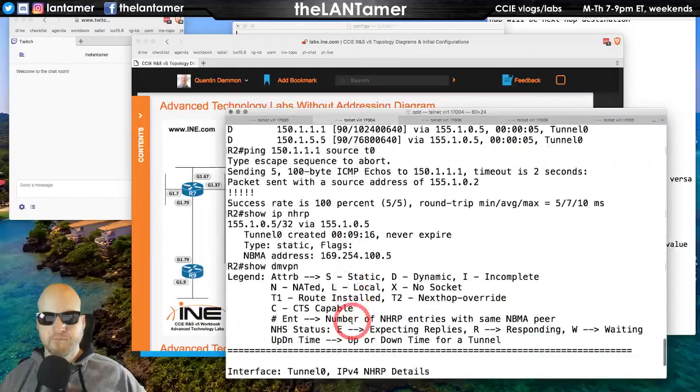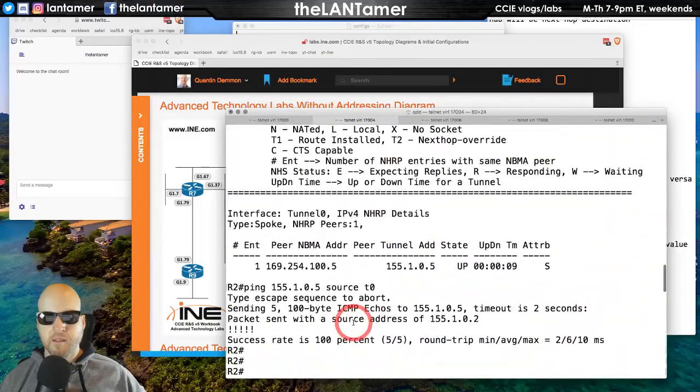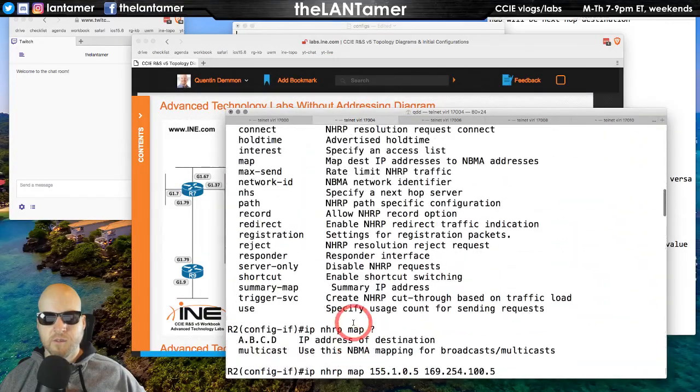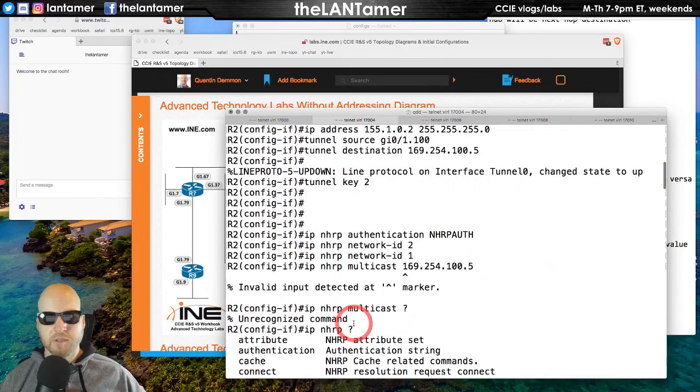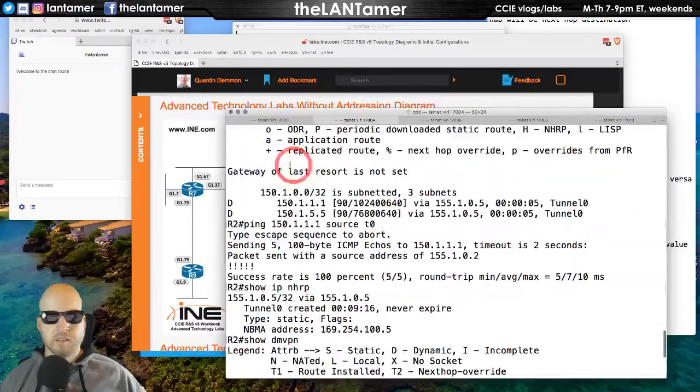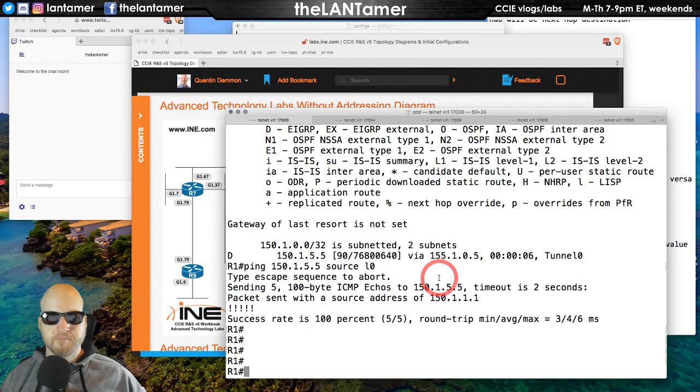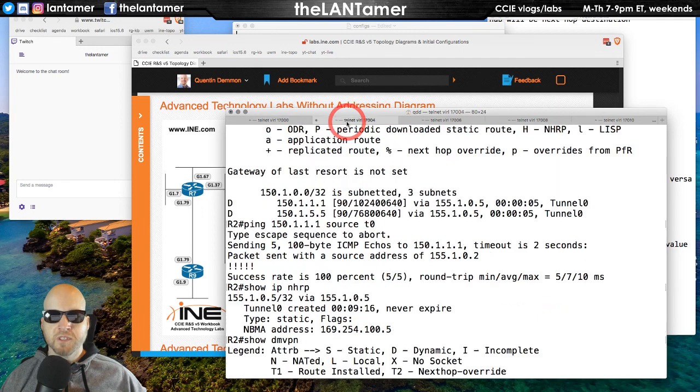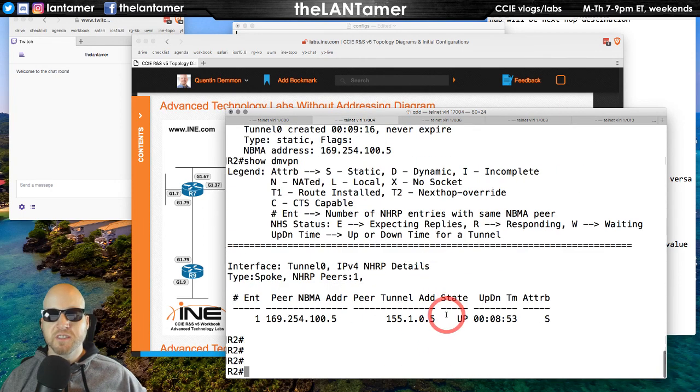So guess what? The routing table is still always going to look like this. Where did my routing table go? Should be show IP route EIGRP. So this is going to be the next hop, even for routes learned from router 2. So what we need to do is turn that feature off so that router 2 will see router 1's routes and see router 1 as the next hop.